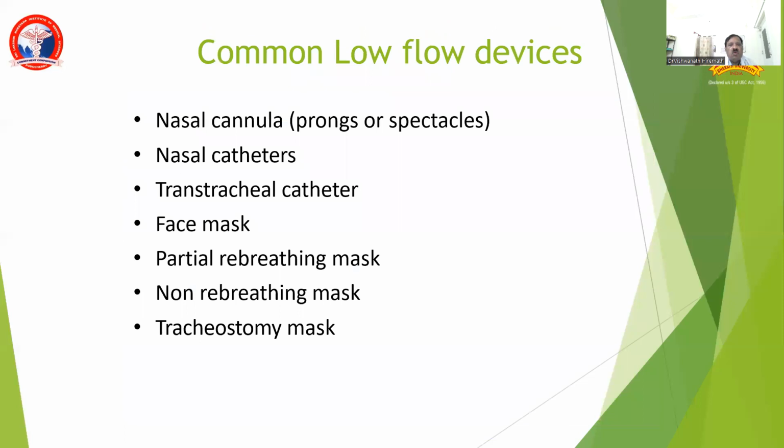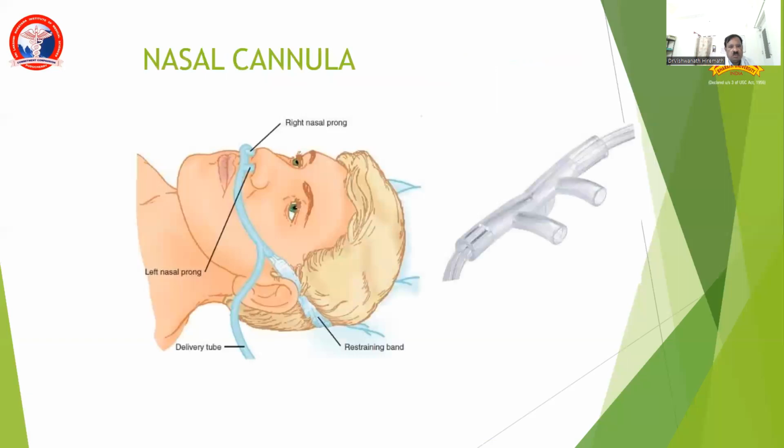Now let us learn about common low flow devices: nasal cannula with prongs, nasal catheters, face mask, partial rebreathing mask or non-rebreathing mask, and tracheostomy mask.